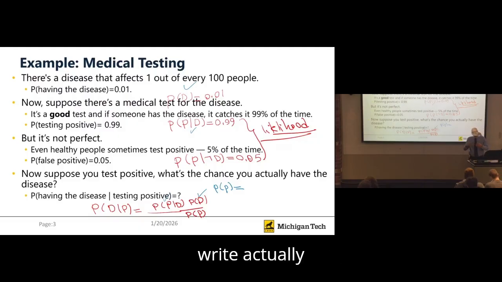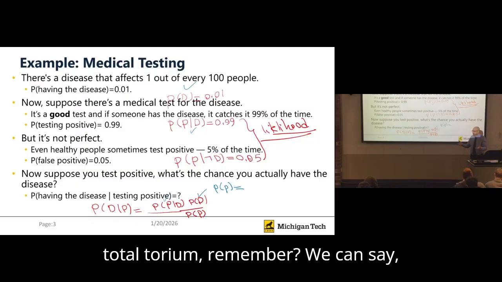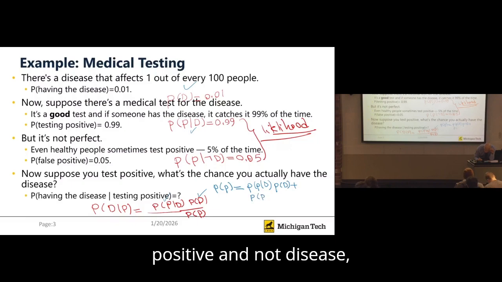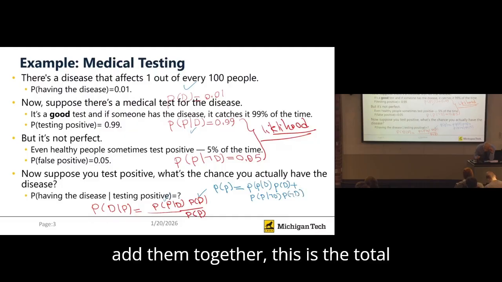We can write the total theorem. Remember, we can say the probability of positive given disease, times the probability of disease, plus the probability of positive given not disease, times the probability of not disease. You add them together.